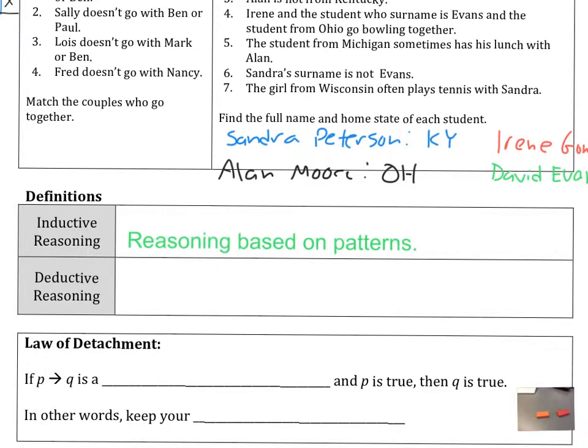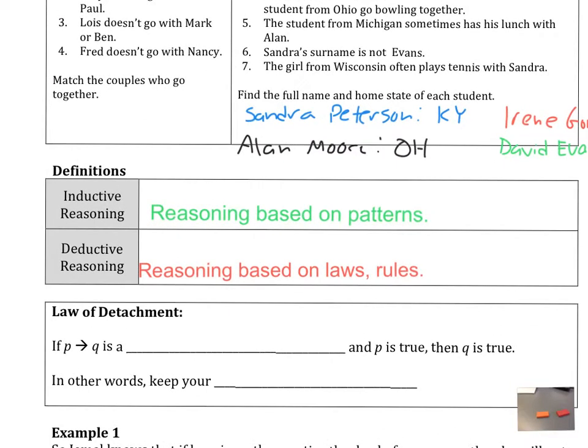Today, what we're going to focus our attention on is what's called deductive reasoning. And this you already use, and it's reasoning based on laws, or rules or whatever. In other words, someone tells you something, or even you discover something, and you build on it that way.